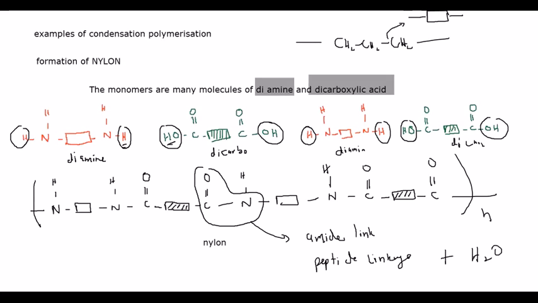So the formation of polyester, what are the monomers? Here the monomers in the case of polyester are many molecules of diol. Diol means two alcohol groups at the end, and dicarboxylic acid.